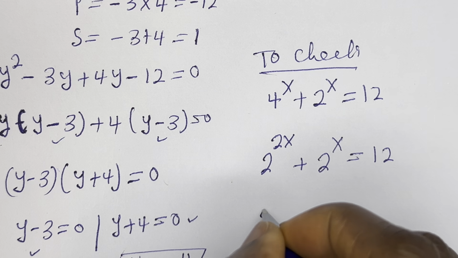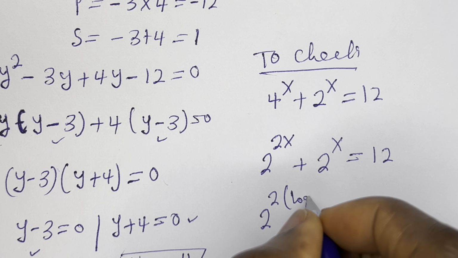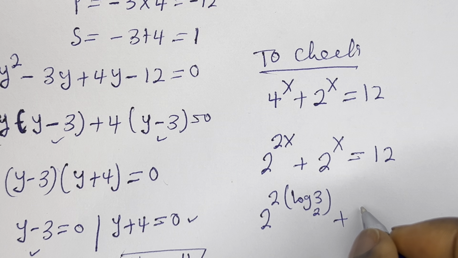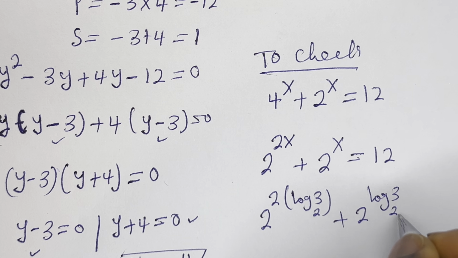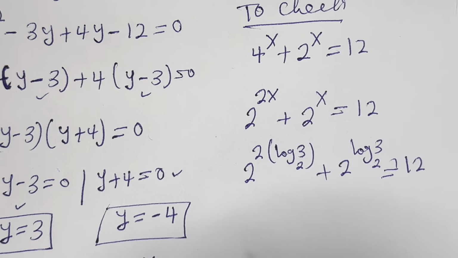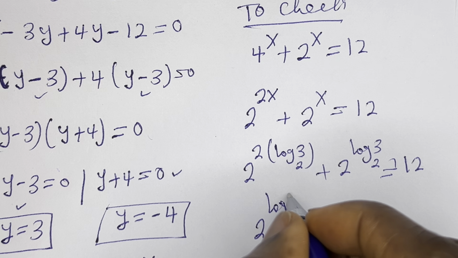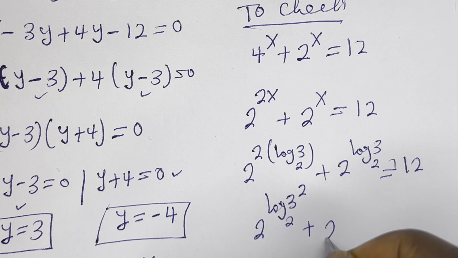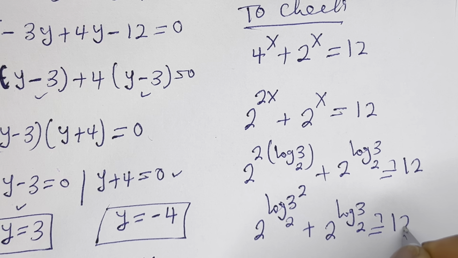Then this is 2 to the power of 2 brackets log 3 base 2 plus 2 to the power of log 3 base 2 must be equal to 12. Then this is 2 to the power of log 3 squared base 2 plus 2 to the power of log 3 base 2 must be equal to 12.